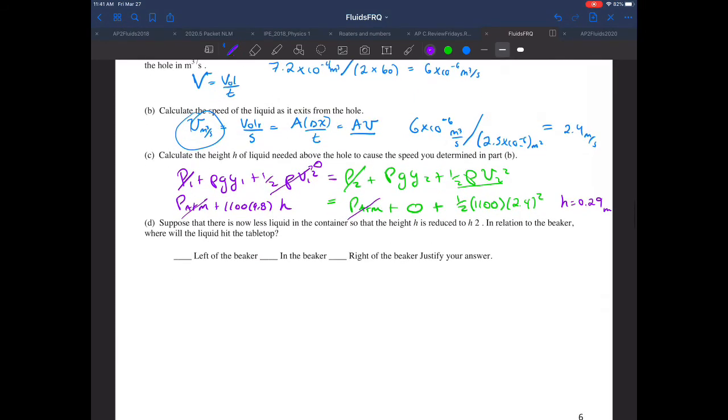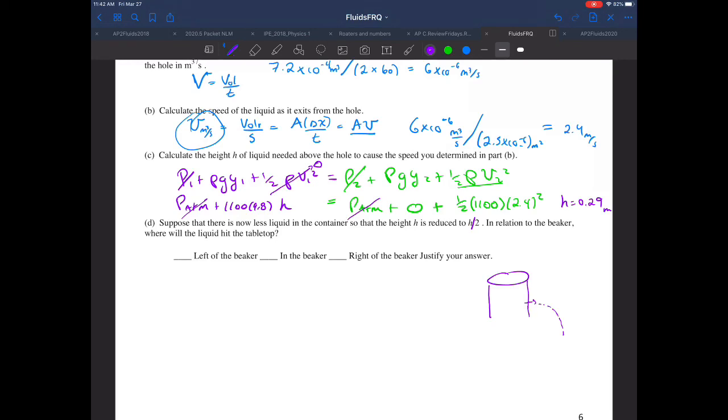Onward. Suppose that there is now less liquid in the container, so h is reduced to h over 2. In relationship to the beaker, where will the water hit the table? Well, now there's less pressure pushing that water out of the hole, right? So if our water comes out of our hole with less delta x, it will have less x velocity.